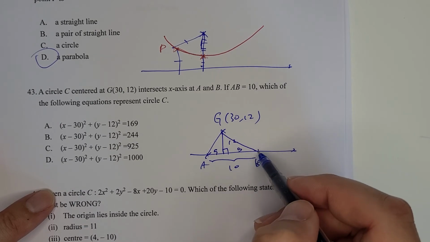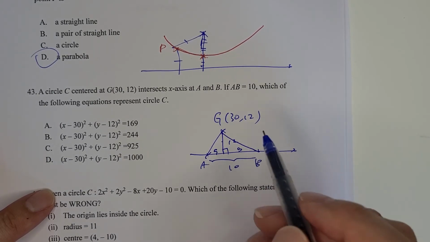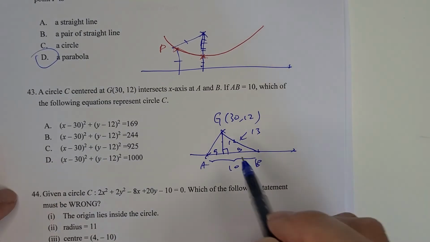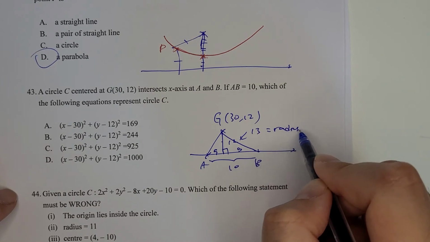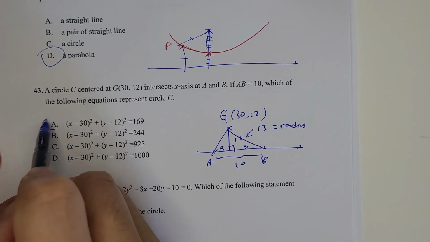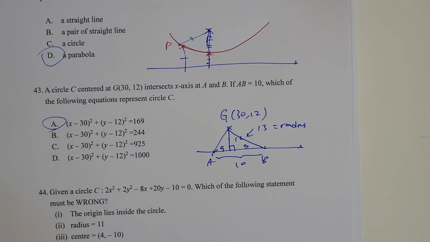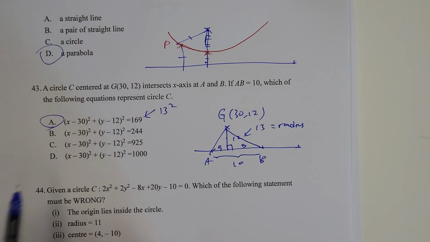And using Pythagoras theorem, 12 squared plus 5 squared, and then take the square root, that is 13. Therefore, the radius of the circle is 13. And hence, the equation would be A. 43A. Because 169, that is 13 squared, that's the radius squared. Okay?